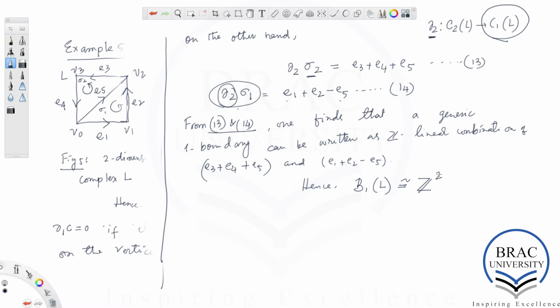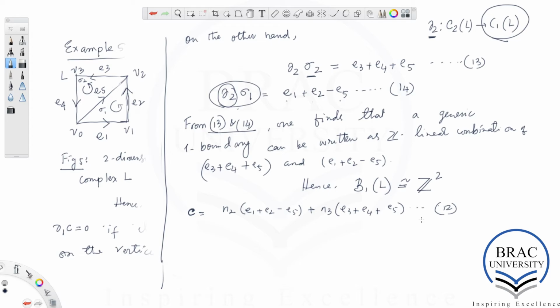Now, what was equation number 12? Equation number 12 was the generic expression of a one cycle, right? It was C is equal to N2 times E1 plus E2 minus E5 plus N3 times E3 plus E4 plus E5. This was equation number 12. Okay, the generic expression of a one cycle, right?